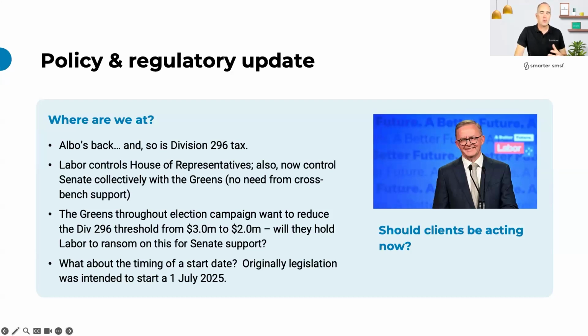I suspect that reintroduction will happen fairly early, because I believe this is a piece of legislation where they now say we have the imprimatur of the Australian public to do this. They've re-voted for us. They knew that this was on the table.